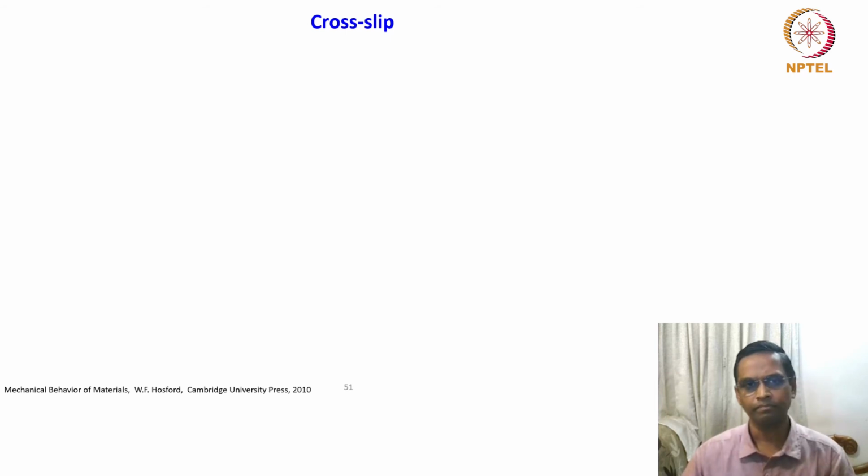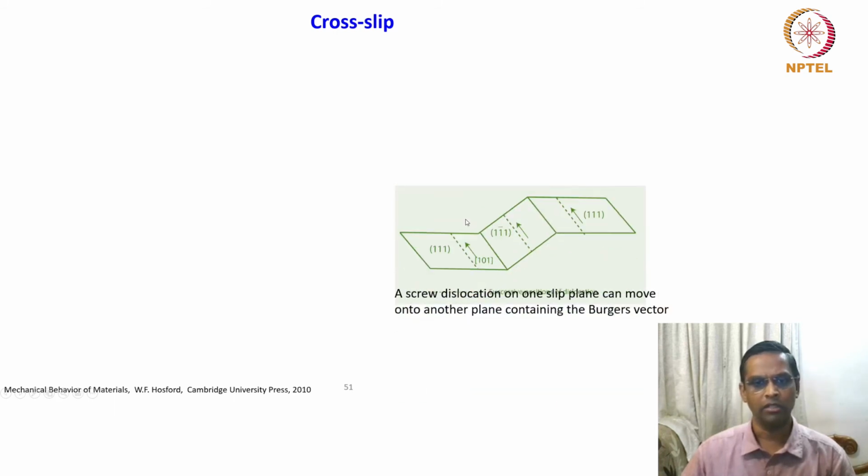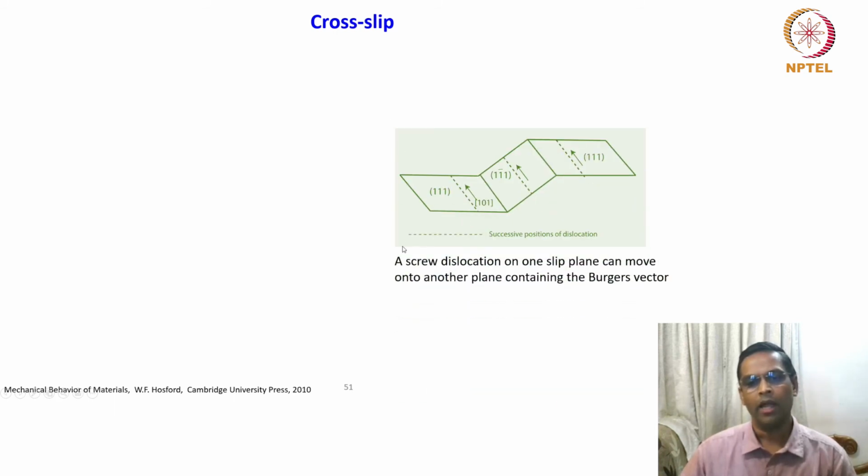Cross slip. This is another mechanism by which the dislocation moves. If you look at this schematic, it is nicely shown here. There is a 111 plane where the dislocation line is, and the Burgers vector is there, and the direction of motion is there.